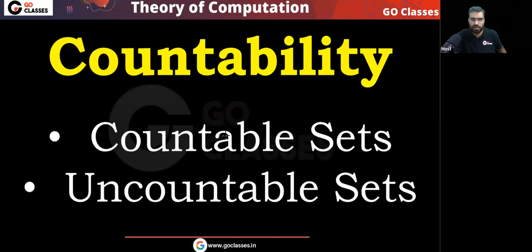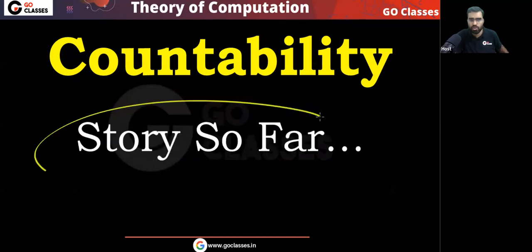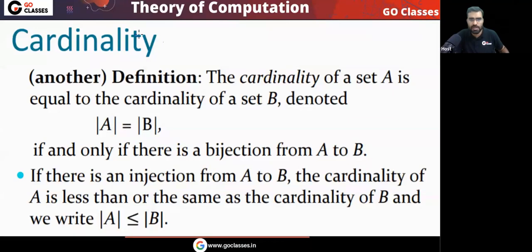So very simple. Now in this lecture we will study the definition of countable set and the definition of uncountable set. This is what we are going to study in this lecture. So, story so far, we have seen the definition of cardinality.